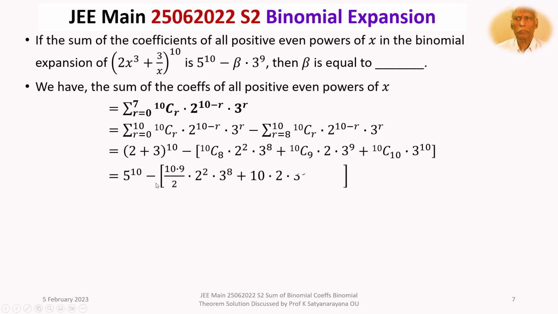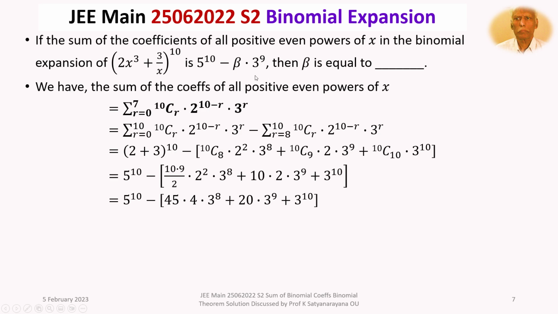So 5 to the power of 10 minus [10C8, 10 into 9 by 2] into 2 square into 3 power 8 plus 10C9 is 10 into 2 into 3 power 9 plus 10C10 is 1 into 3 power 10. Now 10 into 9, 90 by 2, 45. So that will be 5 to the power of 10 minus [45 into 2 square is 4 into 3 power 8 plus 10 2s are 20 into 3 power 9 plus 3 power 10].